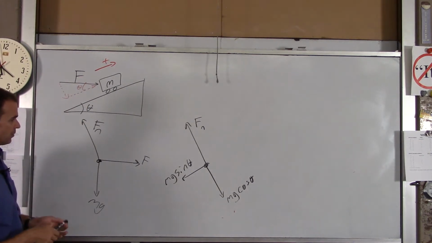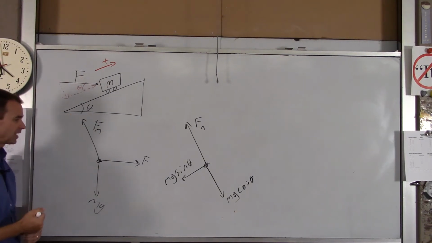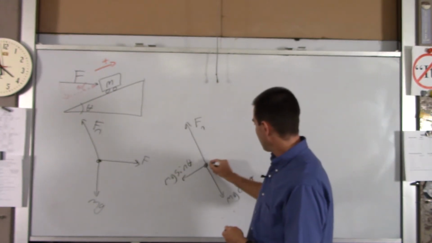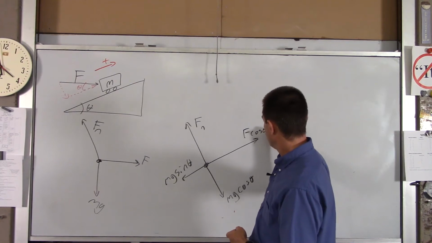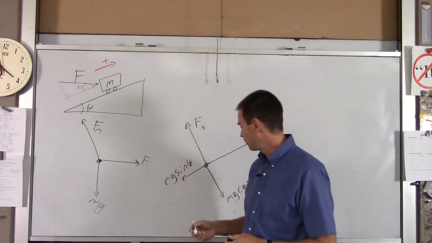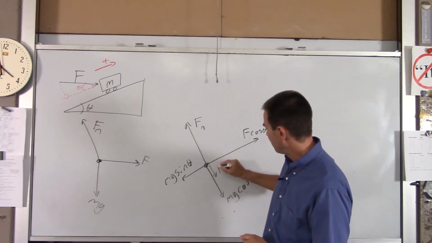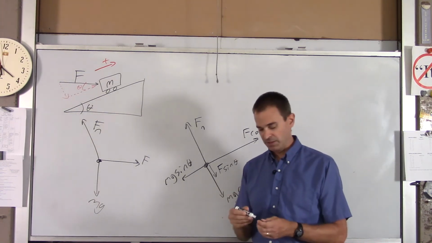So the component of F that's parallel to the incline is actually F cosine theta. And I'm going to draw that force bigger. So F cosine theta, because we're assuming the cart's accelerating up the incline, and then you have a smaller component that's F sine theta pressing the cart into the incline.